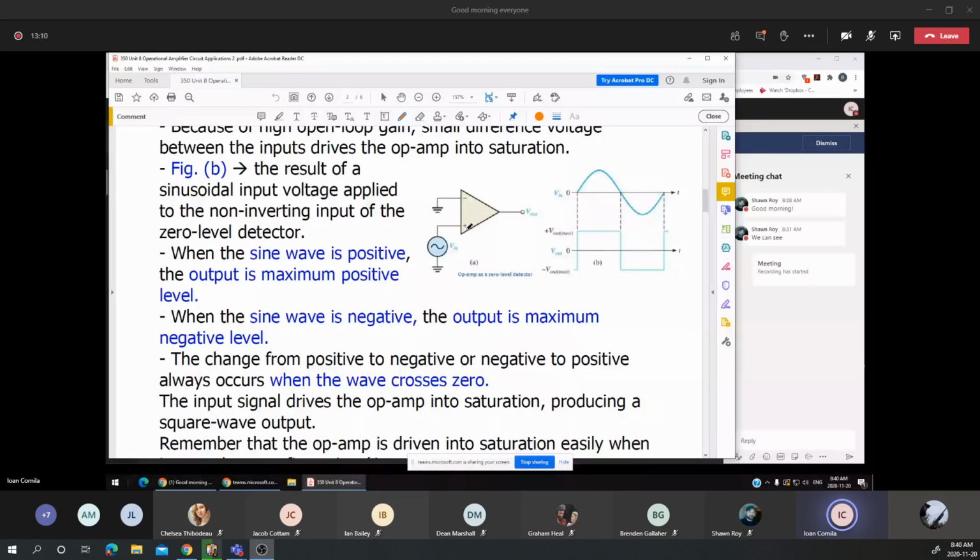And being a non-inverting amplifier means that the phase shift between the input and the output is equal to zero, or there is no phase shift between the output and the input.